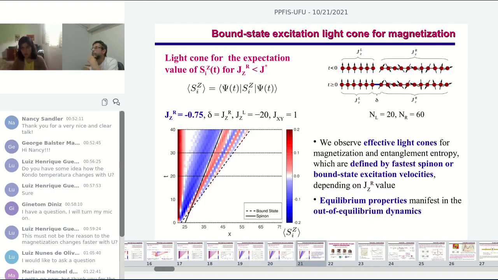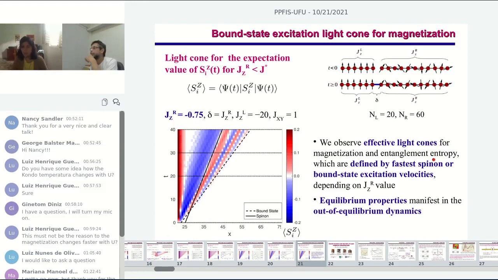So to conclude this first part, we did observe effective light cones both for the magnetization and the entanglement entropy, although I'm not showing you the results for the entanglement entropy. The boundary of the light cone is defined by different kinds of excitations.